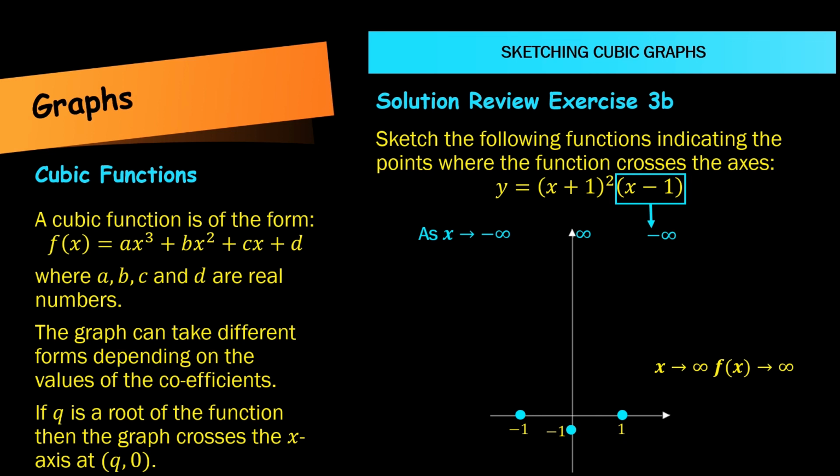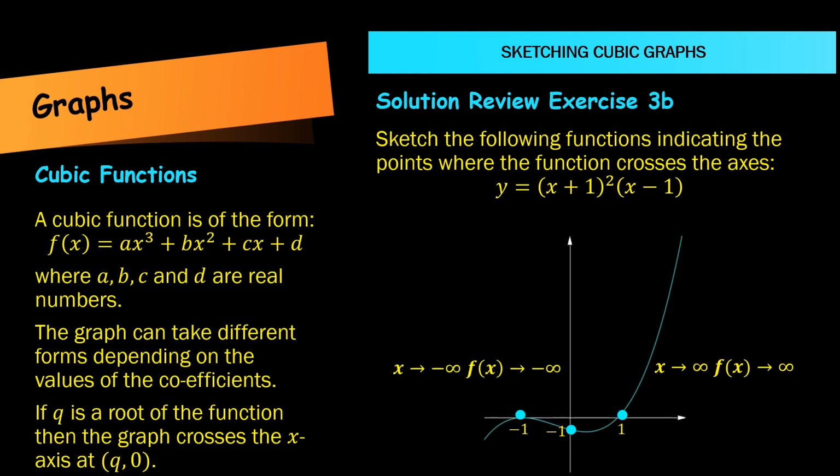Therefore, all of these multiplied by each other give us that f(x) tends to minus infinity too. So as x tends to minus infinity, f(x) tends to minus infinity. And so here's our graph.